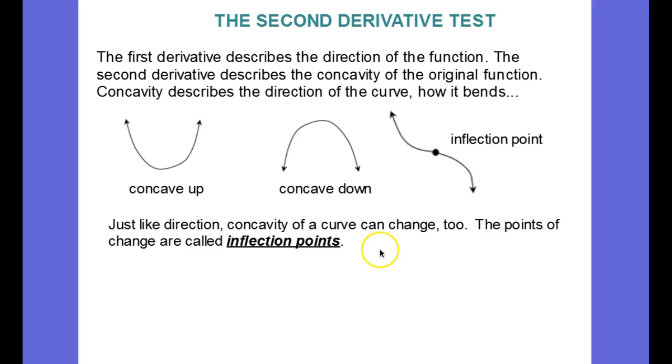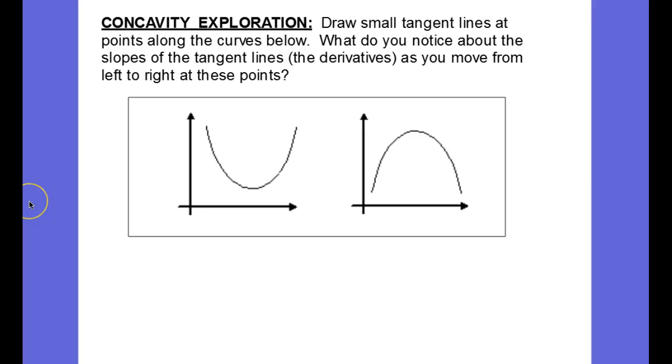Something similar happens with the second derivative. When the second derivative is equal to 0 or does not exist, we have critical points for f double prime of x. And those are values that can likely be inflection points, the points where the concavity changes.